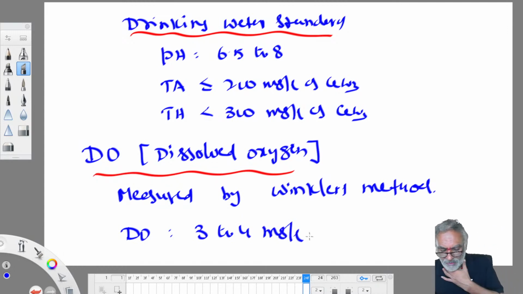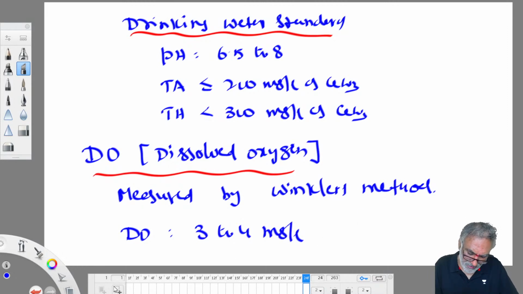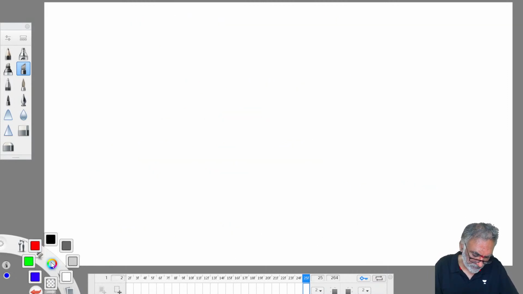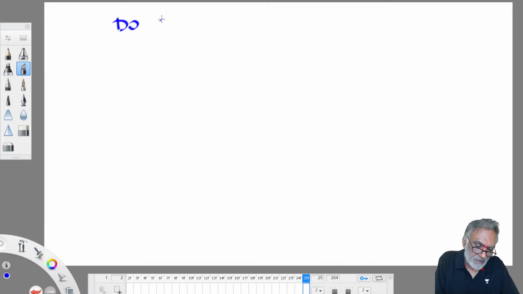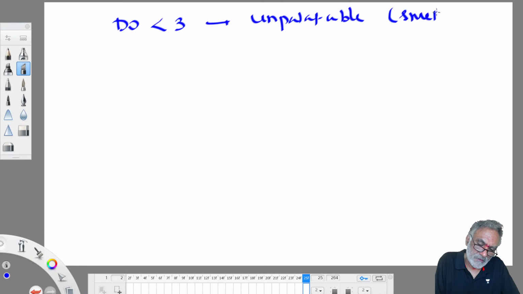It should not be too low, should not be too high. Too low means water becomes unpalatable, and too high means water causes corrosion. DO less than 3, water becomes unpalatable. Water smells bad and tastes bad.